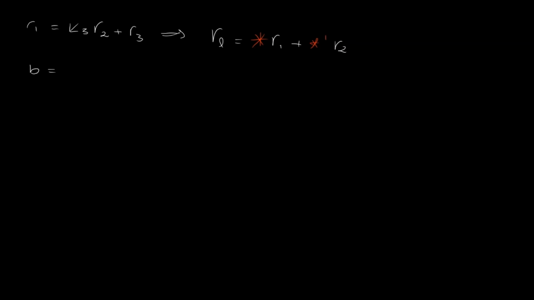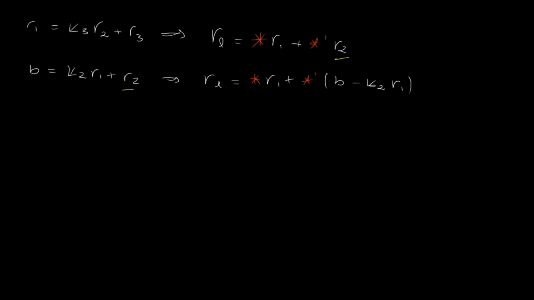Then we get that B equals K2 R1 plus R2. Then RL equals this star number times R1 plus star prime times, and we have R2 here and here, this is times B minus K2 R1.